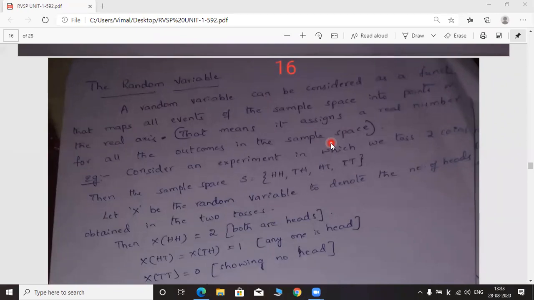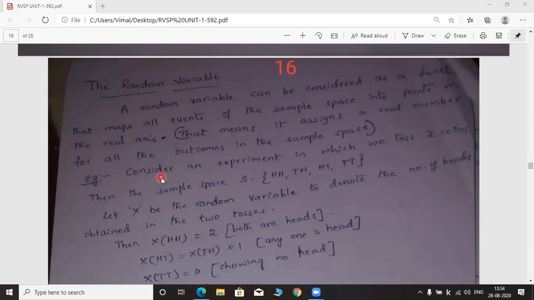So the total possible outcomes in a random experiment is called the sample space. The random variable assigns a real number for all the outcomes in the sample space.